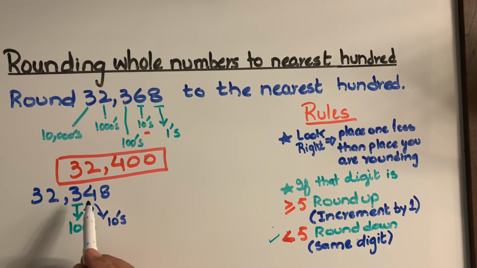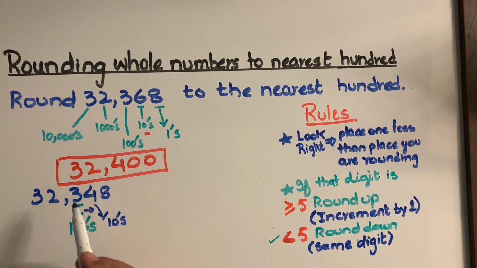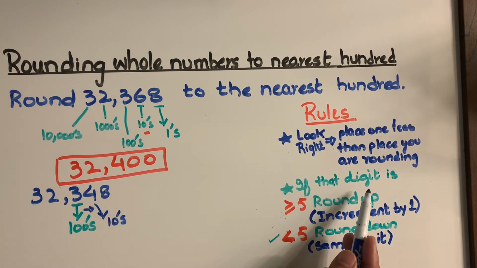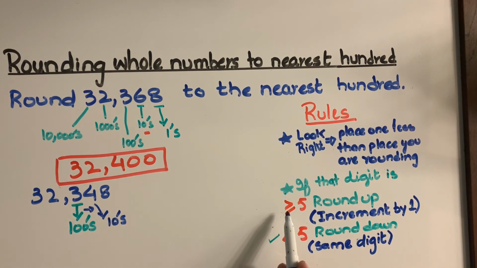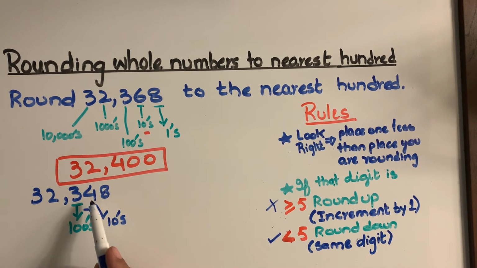Move on to the second rule. The second rule is if that digit is greater than or equal to 5. No, it's 4. So we are not going to follow this one. We will follow this one because here we have 4 and this rule is about less than 5. If this digit is less than 5, then we will round down.